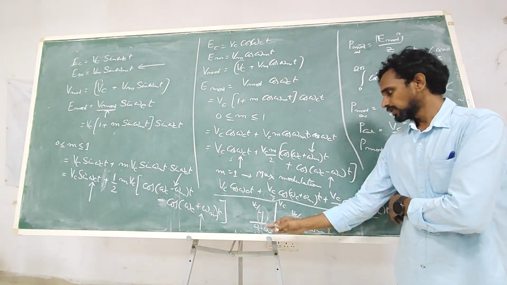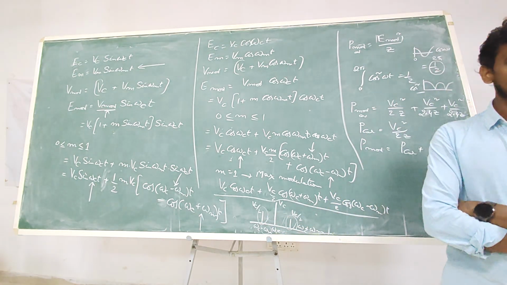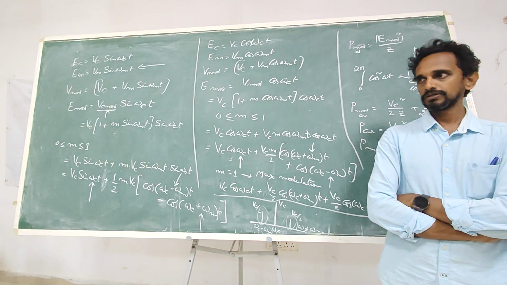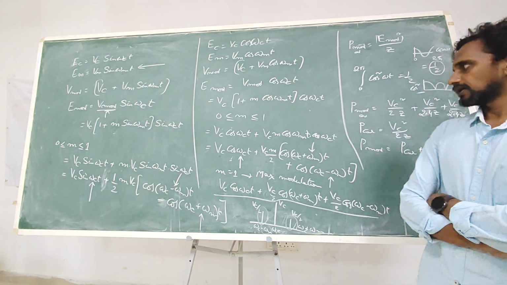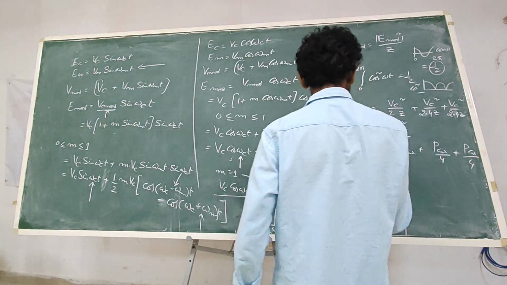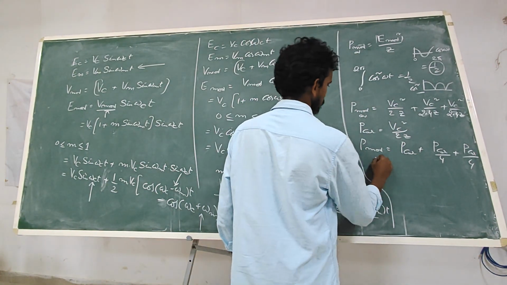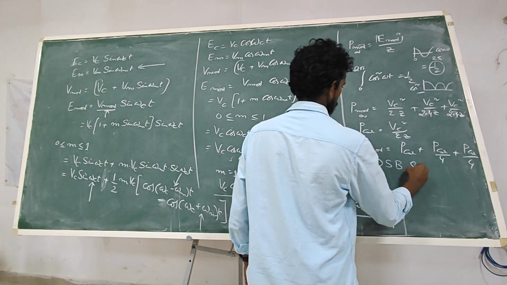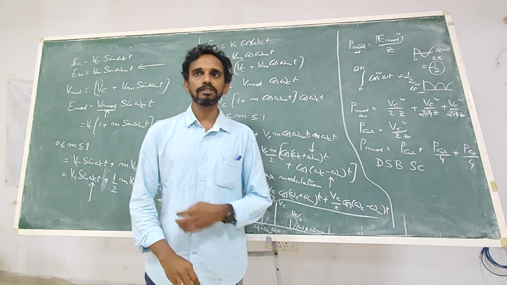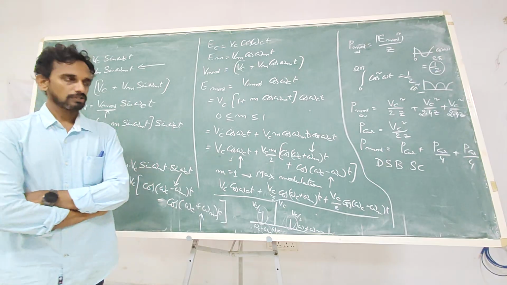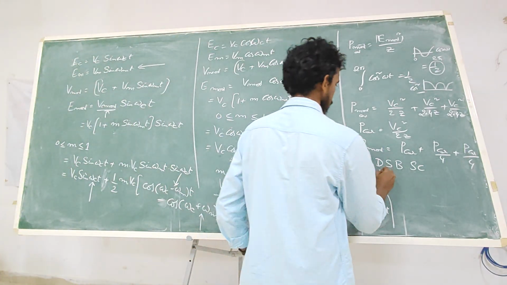That too, one sideband is sufficient, right? Any one sideband. So there are different types of transmission modes. One is DSB-SC, double sideband suppressed carrier.